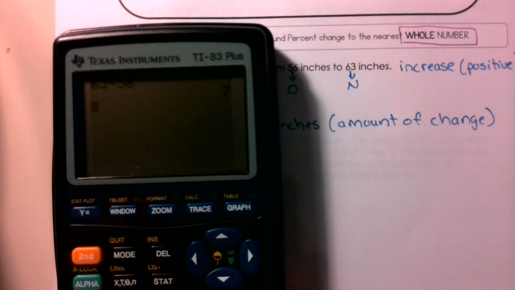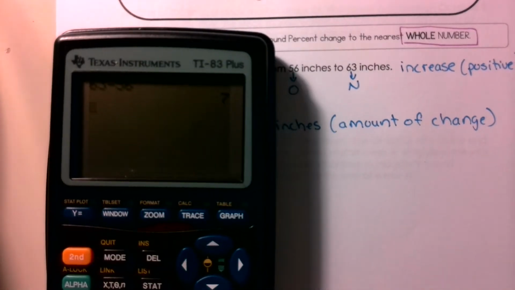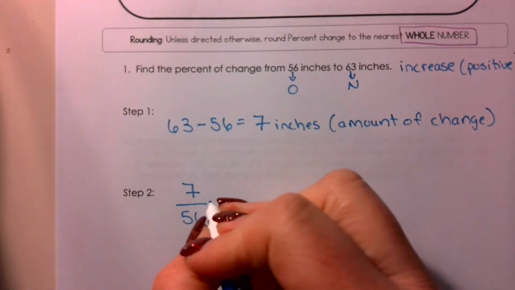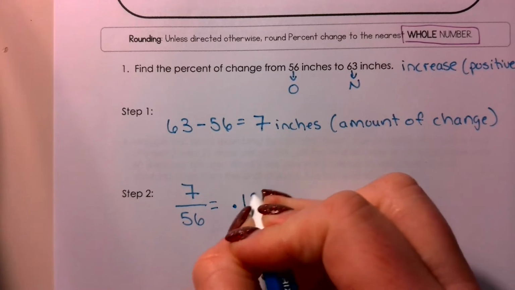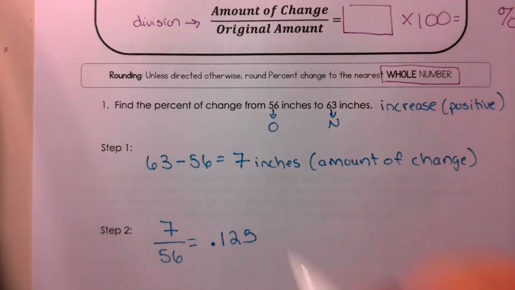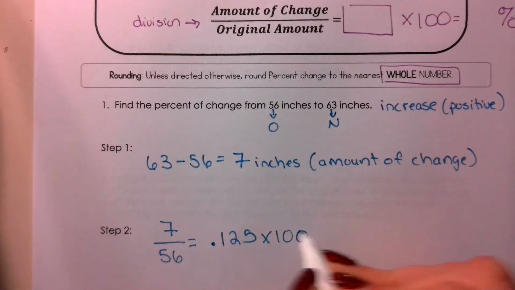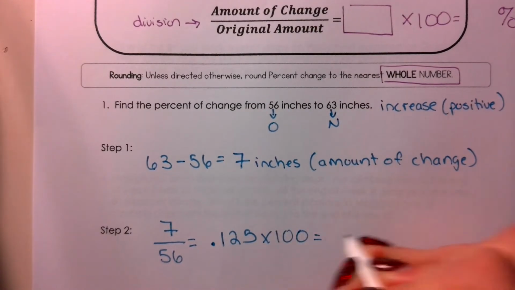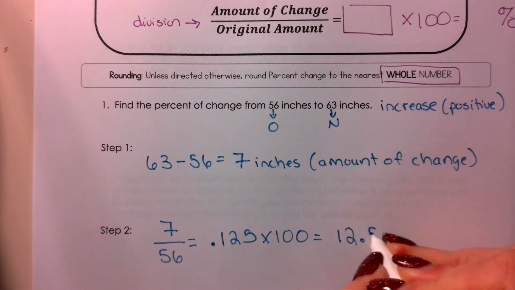So I have 63 minus 56, which we know had 7. And I want to do 7 divided by 56, the original amount. And I get 0.125. Now I'm going to take that amount and multiply it by 100. And I will get 12.5.